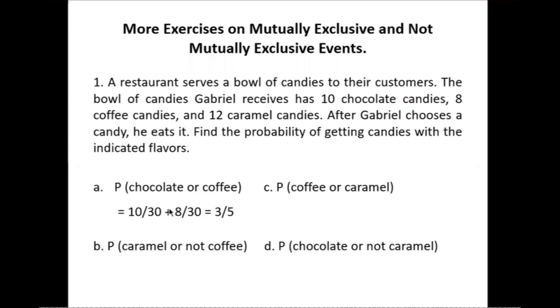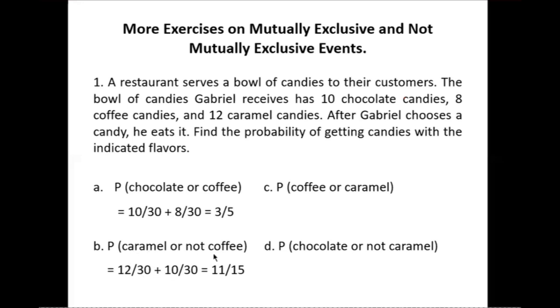Therefore, magiging 18 over 30. At ang 18 over 30, pwede siyang lowest term by 6. So that is 3 over 5. Then, next, for the probability of caramel or not coffee, ang caramel natin ay 12 over 30.